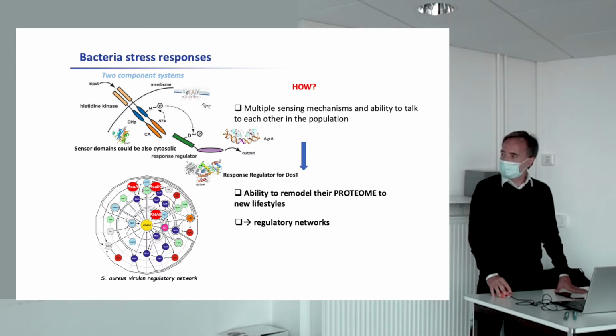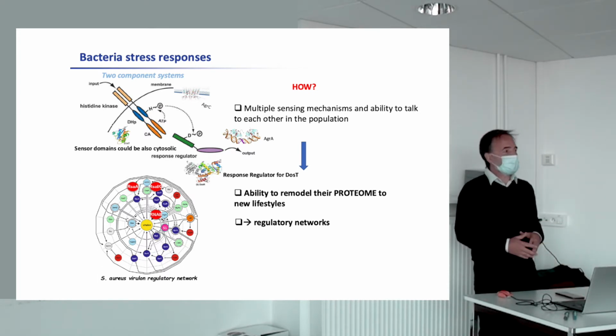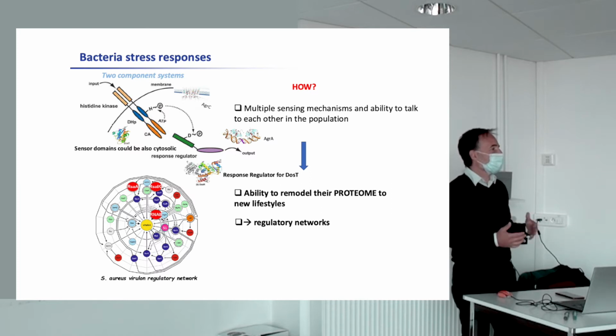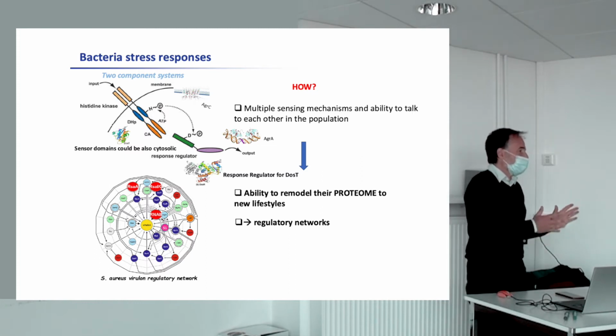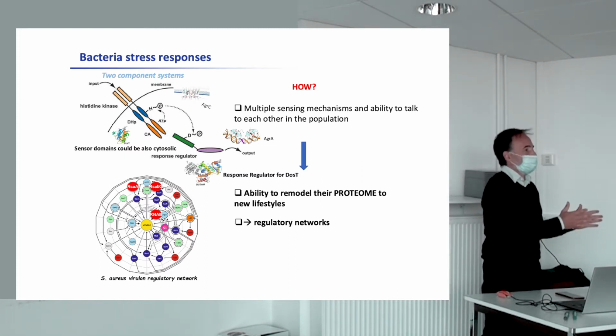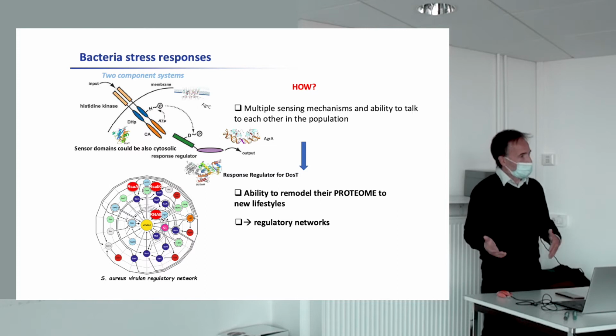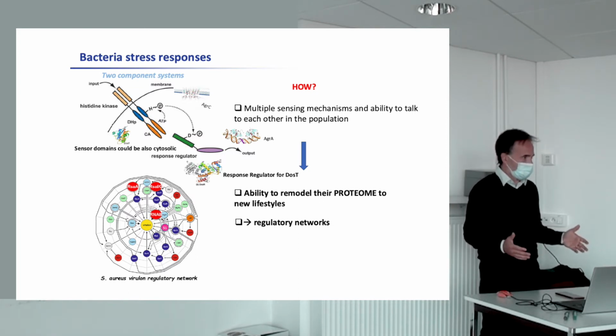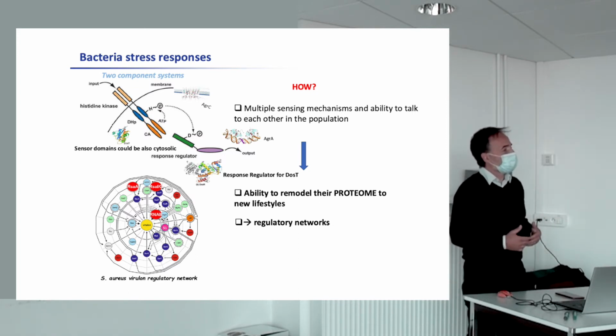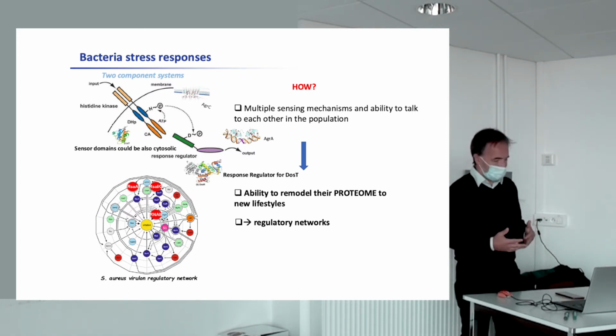This is just to give you an example. In this network in Staphylococcus aureus, there are several genes that are activated or repressed, producing virulence factors. So just keep in mind, today we are going to speak about pathogenic bacteria. Interaction with the host is done by several proteins that we name virulence factors because they are important for the virulence of the bacteria.